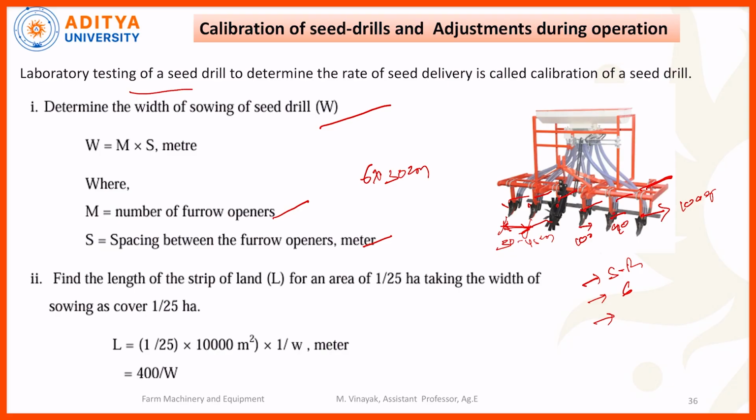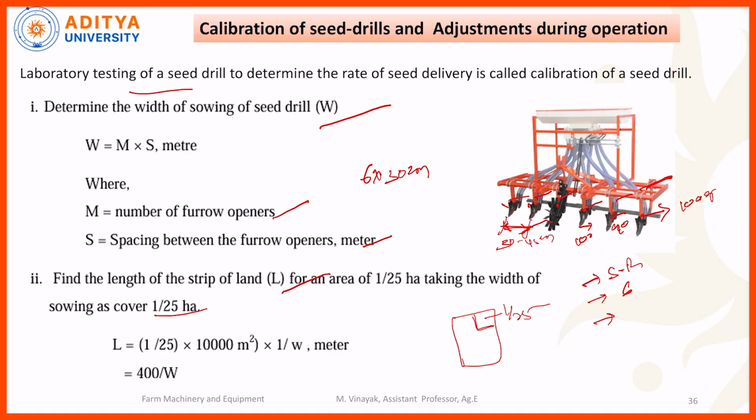Now find the length of strip land L for an area of 1 by 25th hectare, taking the width of sowing as the cover of 1 by 25th hectare. Suppose this is a land area. From this land area, we are taking the 1 by 25th part.